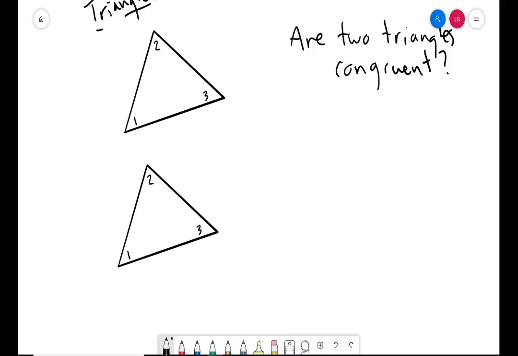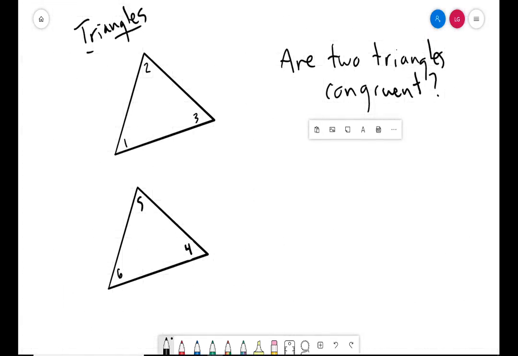So, for example, if I rename these 4, 5, 6. Are these two triangles congruent?